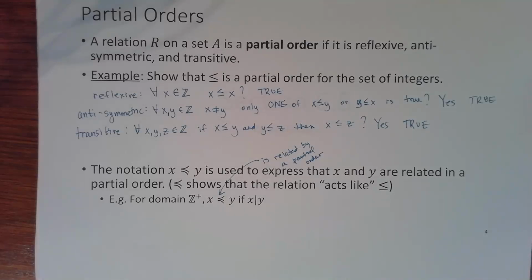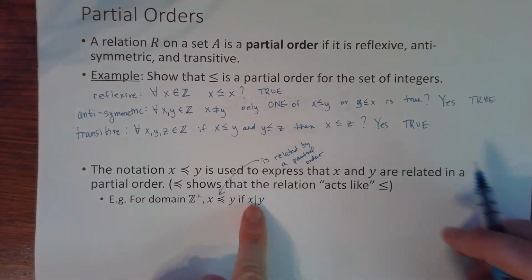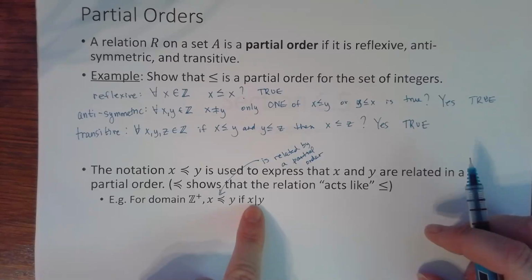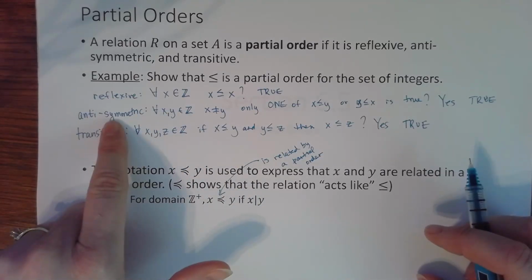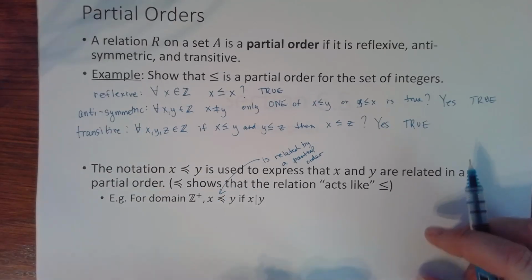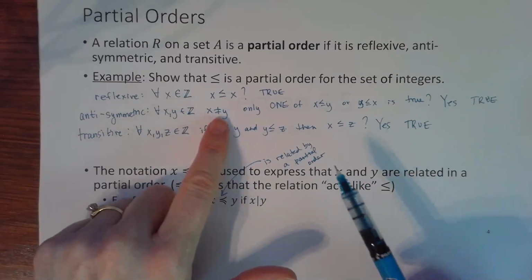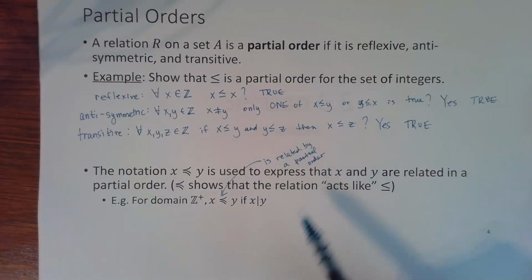Okay. And we've seen before that this divides operation is reflexive because every integer divides itself. We've seen that it's antisymmetric because if we have x and y that aren't equal, either x divides y, or y divides x, or neither of them divides the other at all, but as long as x is not equal to y, we can never have both x divides y and y divides x.